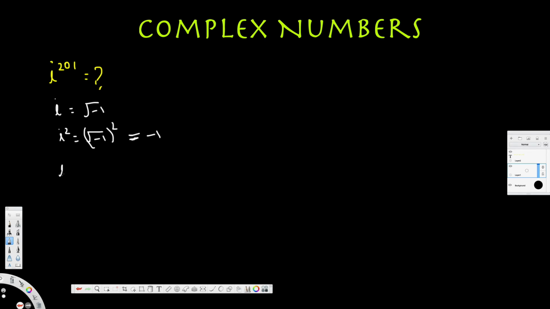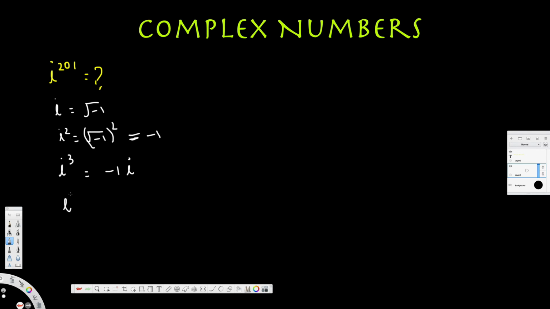Now let's say we have i cubed. What is that? i cubed is i squared times i, right? Because i squared we already know is negative 1, and times i, that gives us negative i.